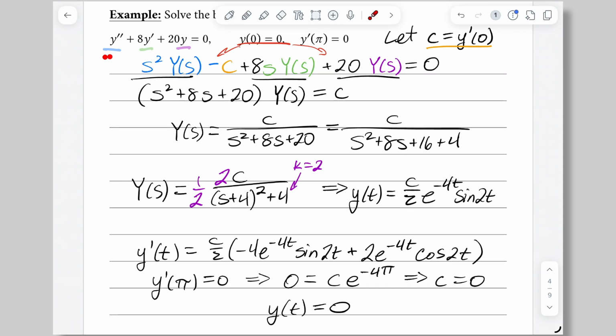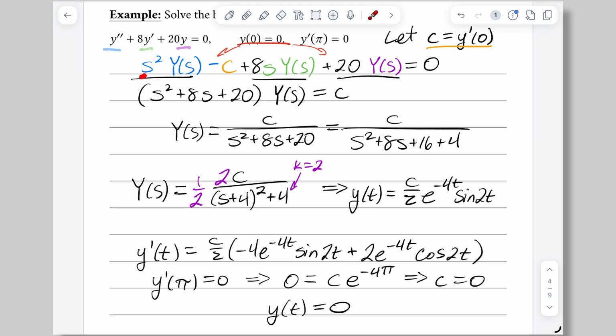Transform of y double prime is s squared times y of s minus s y of 0, but that's 0, minus y prime of 0, which we're calling c. For 8y prime, we have 8s y of s. Again, y of 0 is equal to 0, and 20 times y of s equals 0 is the rest of our equation.